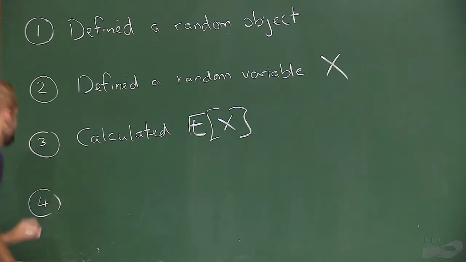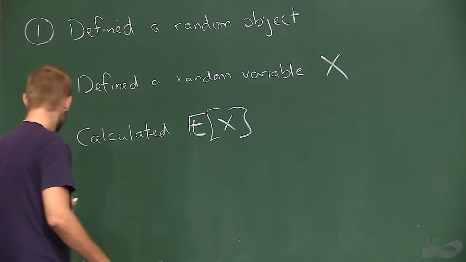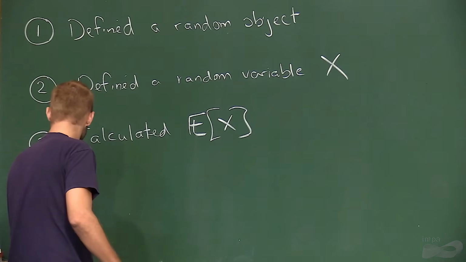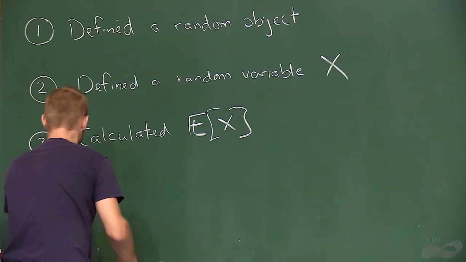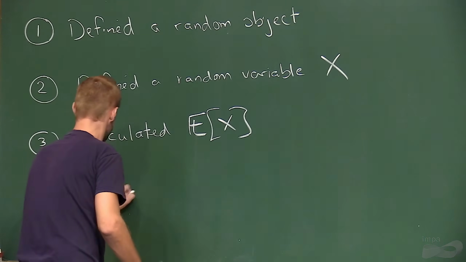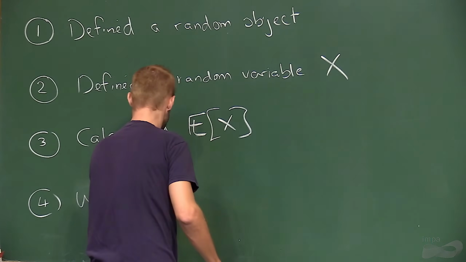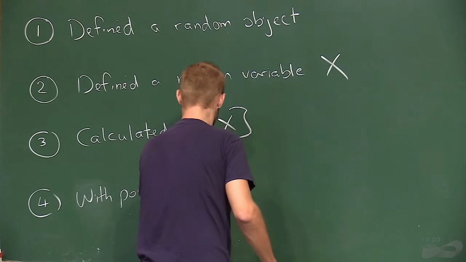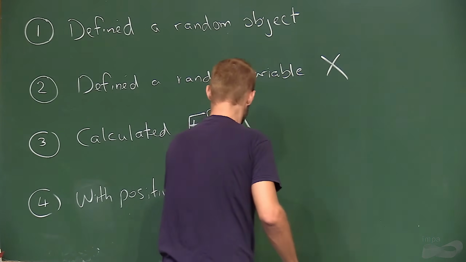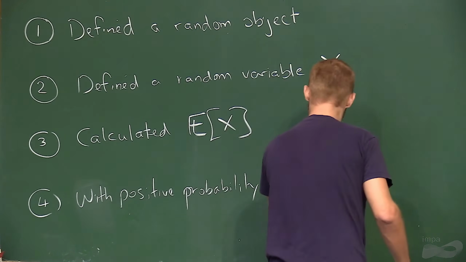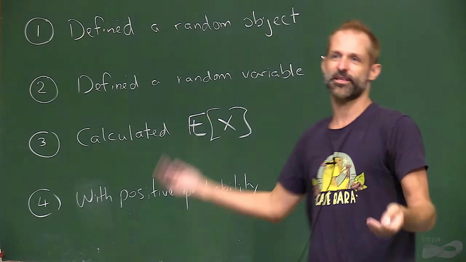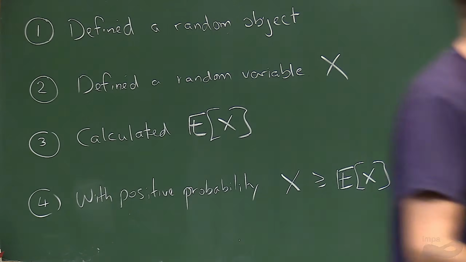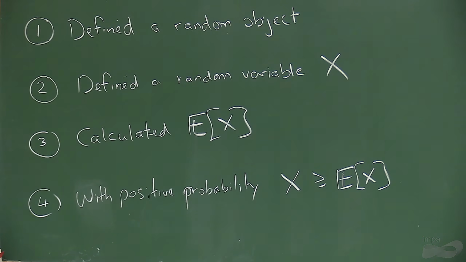And finally, we observed that with positive probability, x is at least its expectation, or at most its expectation. Right? So we use this very simple recipe to construct these objects.